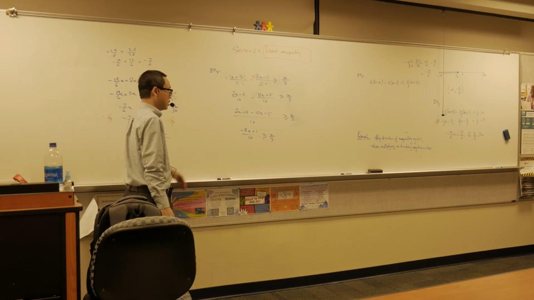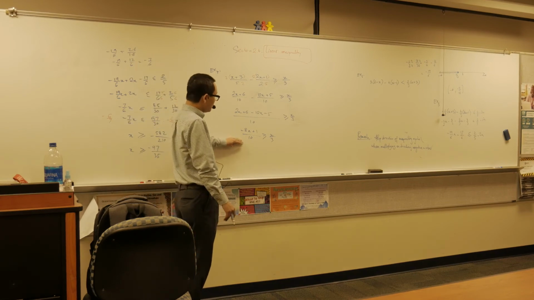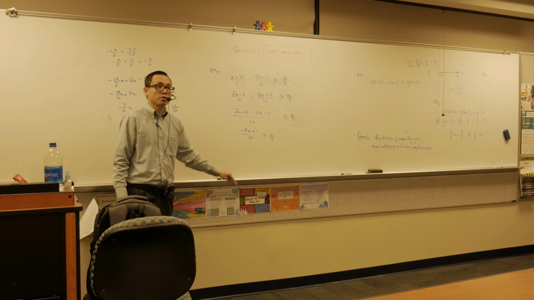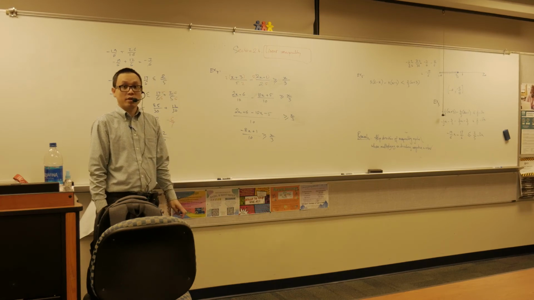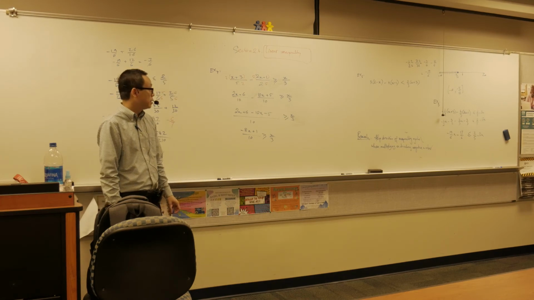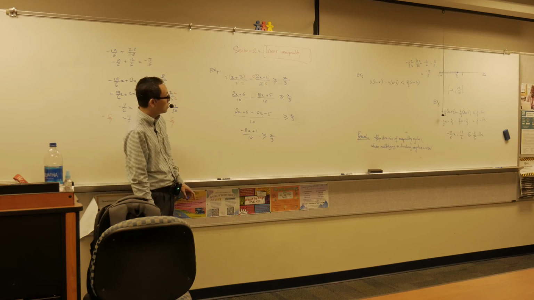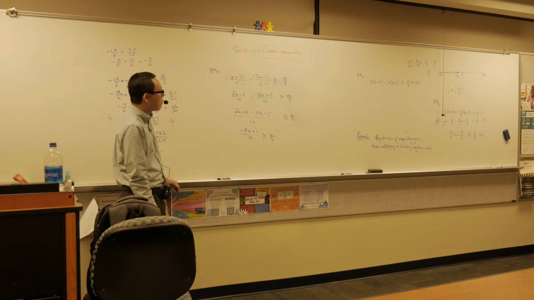Hopefully everybody gets this step too. Now I'm going to go ahead and multiply both sides by 10 to get rid of the number 10. Alright, somebody's still working on it, so I'm waiting a little bit for you to understand all of them. Good?